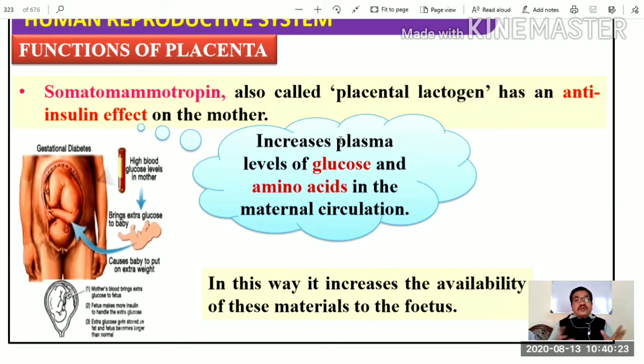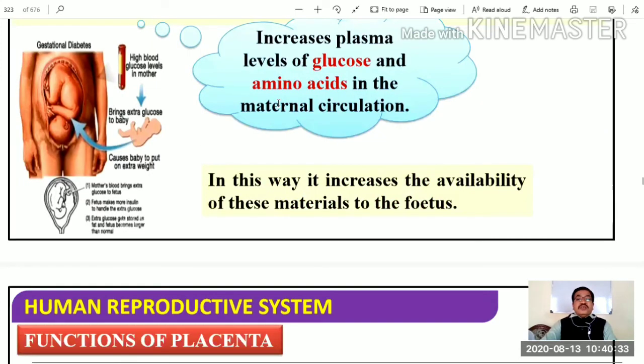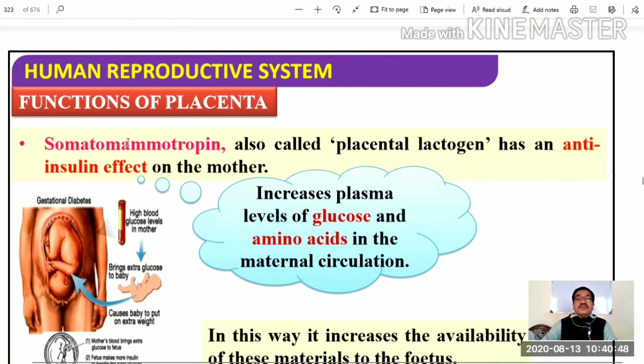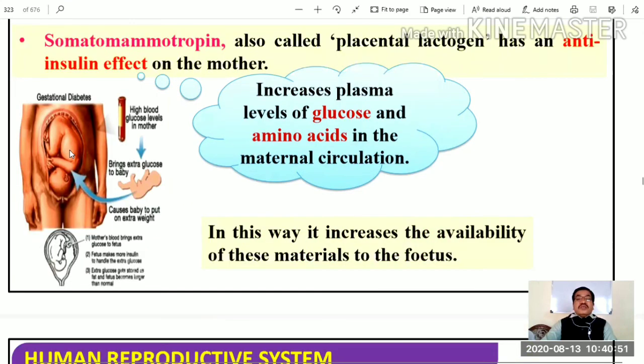The maternal circulation is also carried out with the help of the placental lactogens. In this way, there is an increase in the availability of these materials to the fetus. So the fetus requires this material for its growth, and its growth will be carried out with the help of the supply of the placental lactogens. So it will gradually develop.